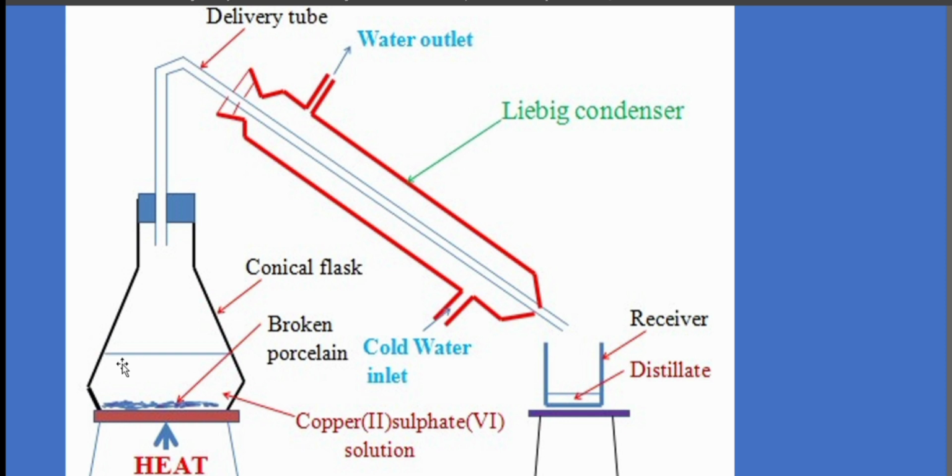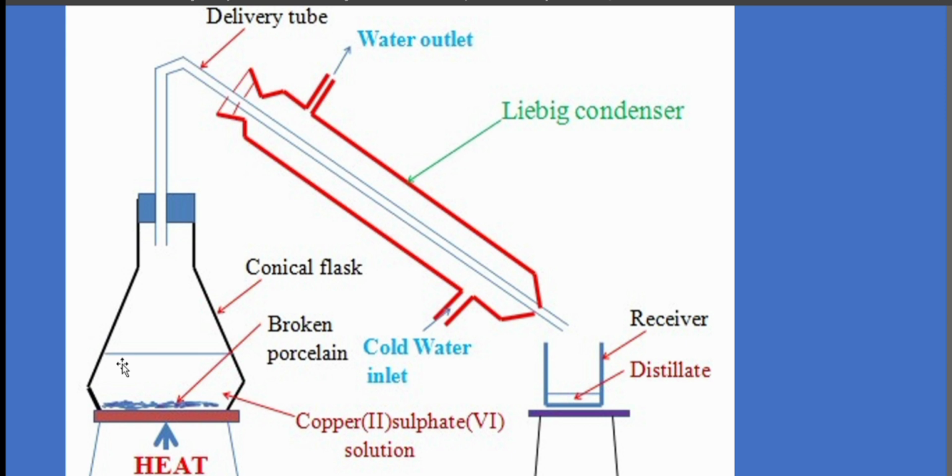Then we have a Liebig condenser that has an inlet and outlet. The first one is the outlet, then the second one is the inlet. The inlet is towards the end.